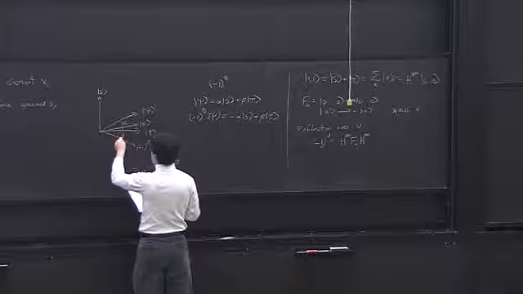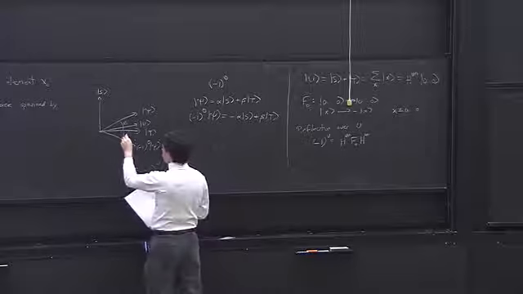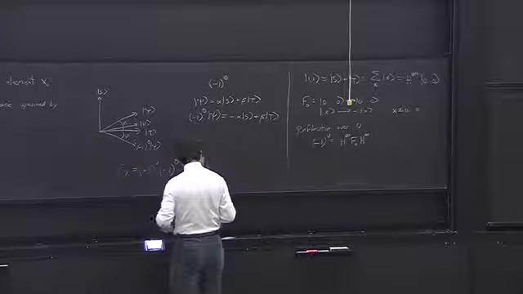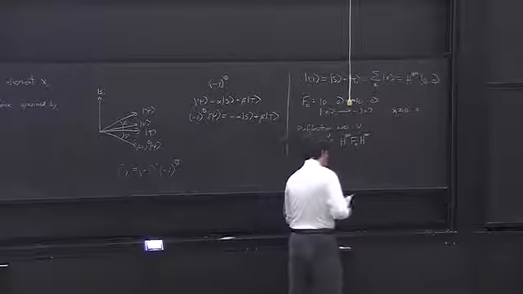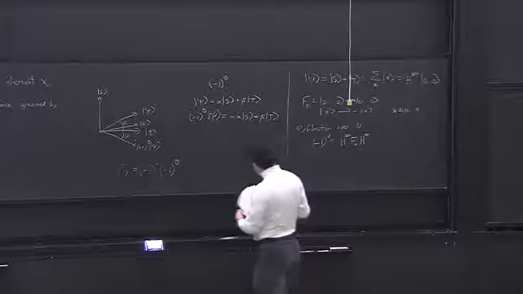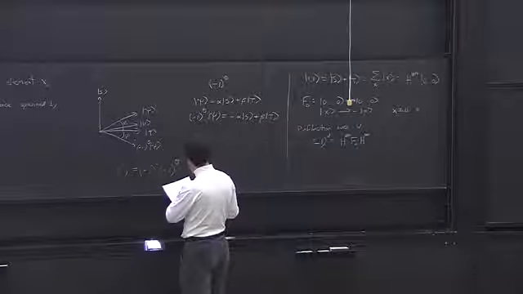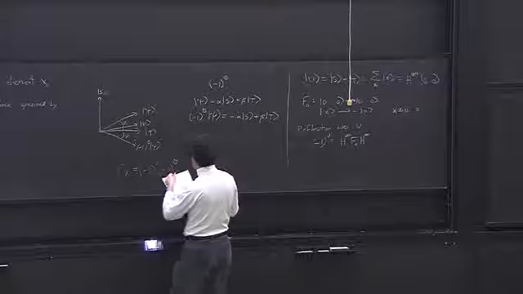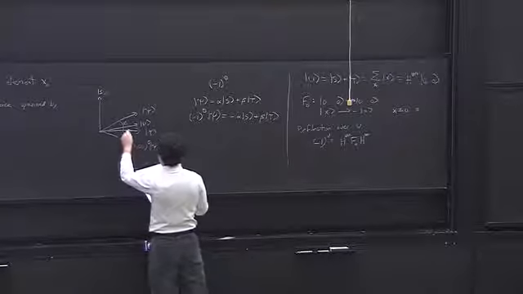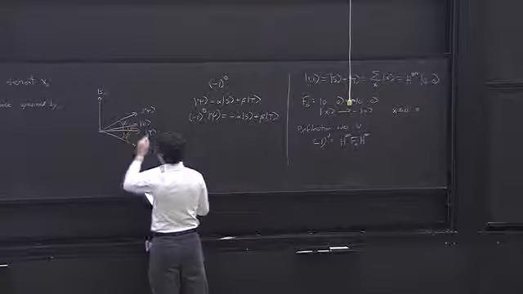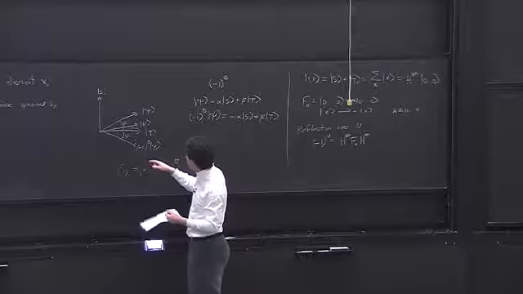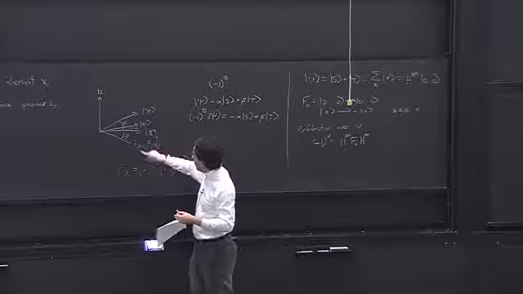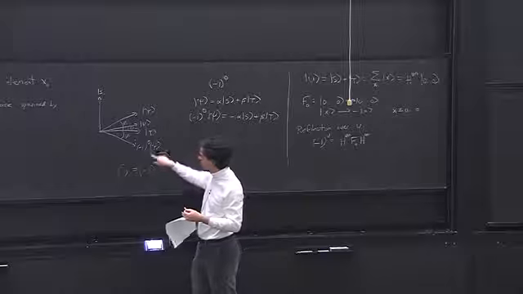And so this angle here is also phi. And then let's let this angle here be theta. And so if I do the first reflection over t, here I have this state.